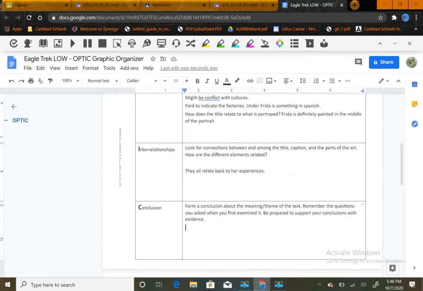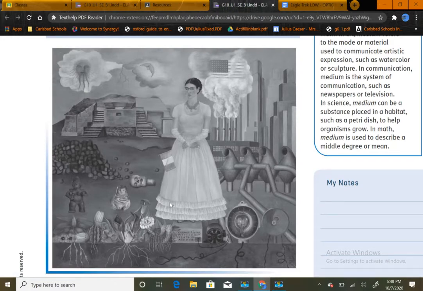This is my work. Some of you are actually getting your answers from a textbook out of California, which I don't know how that's possible, because I don't know that that is a pink dress. Can you tell that that's a pink dress? This is a black and white photo.